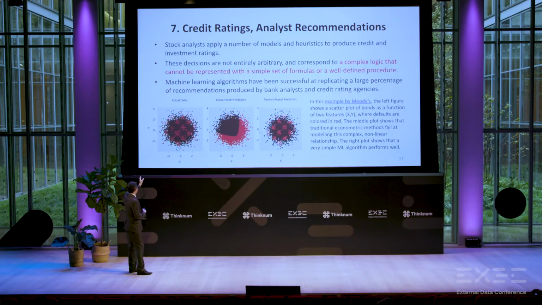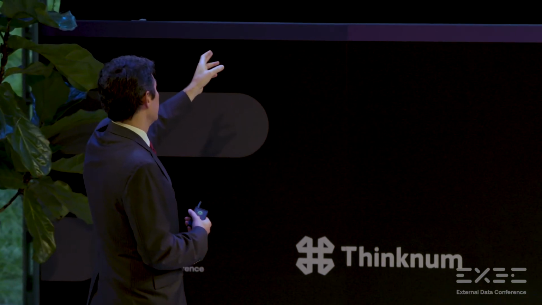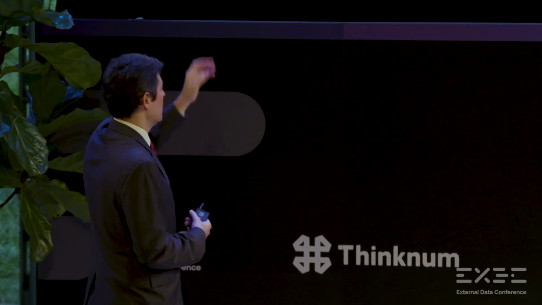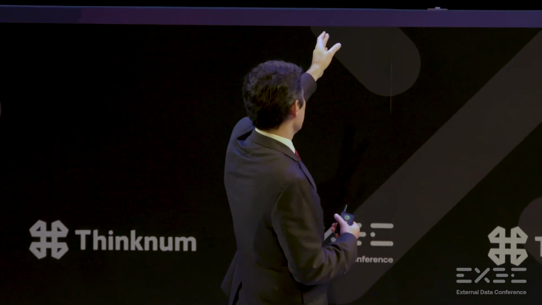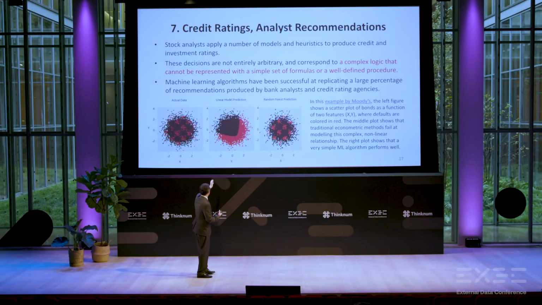this is the kind of pattern that emerges, where red are bonds that defaulted, black are bonds that did not default. And then they apply a linear traditional method like probit or logit, and what they got is something really bad.